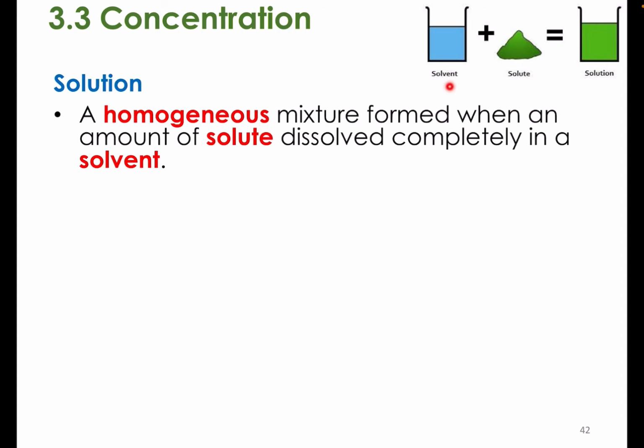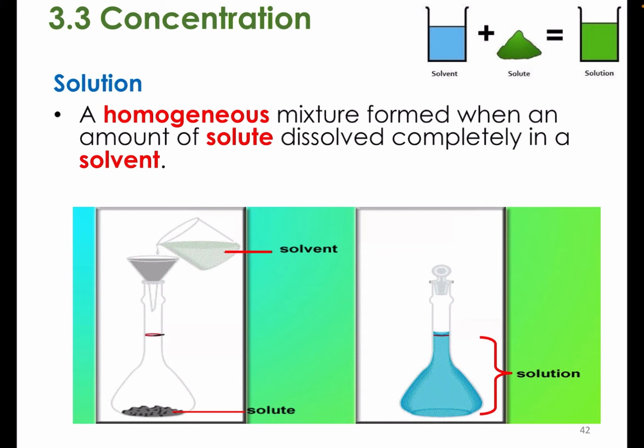For example, I have my solvent, which usually will be water, and I have my solute, which can be in liquid phase or solid phase, and when I mix them together, I will get a solution. In this picture, I put my solvent, mix it with my solute, and dissolve them completely to form a homogeneous solution.